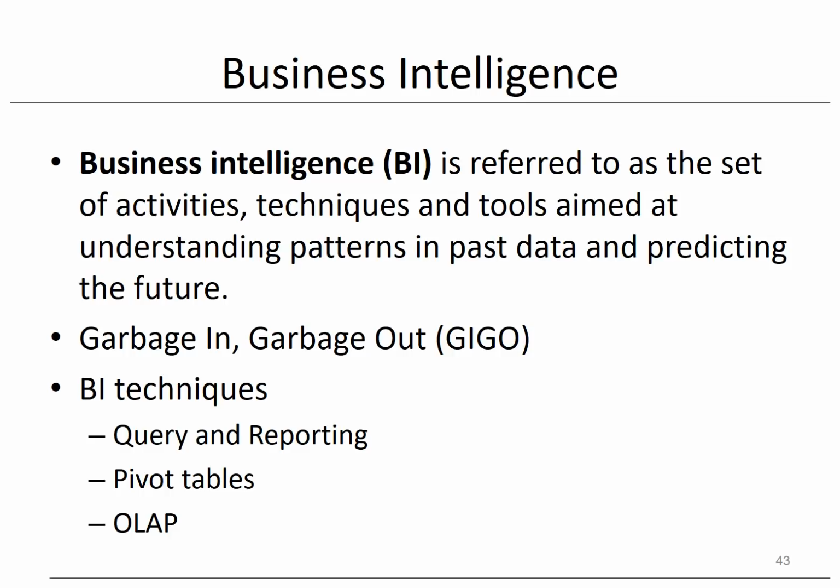Various BI techniques can be used to extract patterns and provide new insights and data. Each of them differs in terms of sophistication, complexity, and computing resources needed. In what follows, we discuss query and reporting, pivot tables, and OLAP.